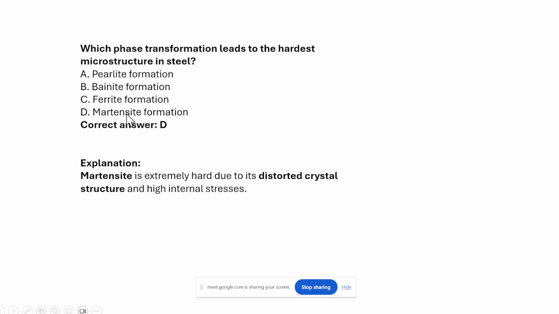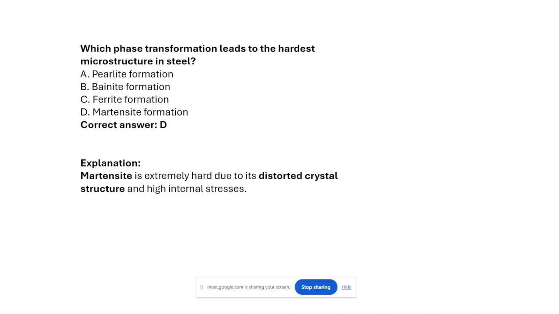Next, after martensitic, which one will come? Ferrite, pearlite, bainite. Which one will be the hardest microstructure after martensite? Bainite. What about bainite? It is the one where we miss the nose curve and then hold it isothermally for some time.